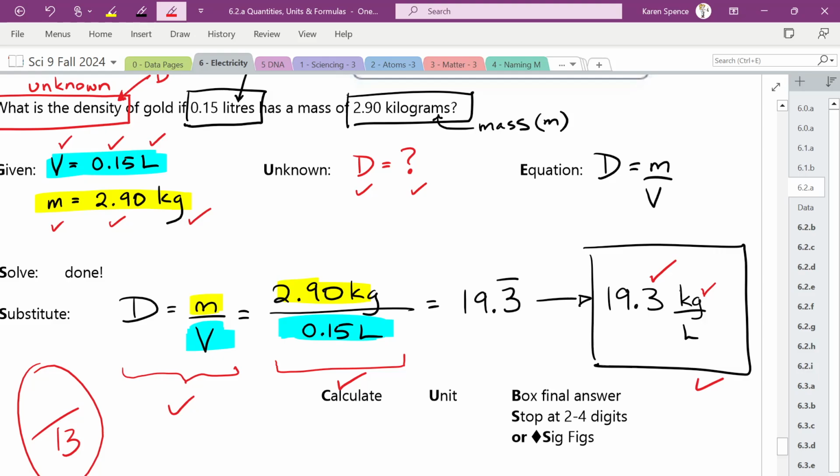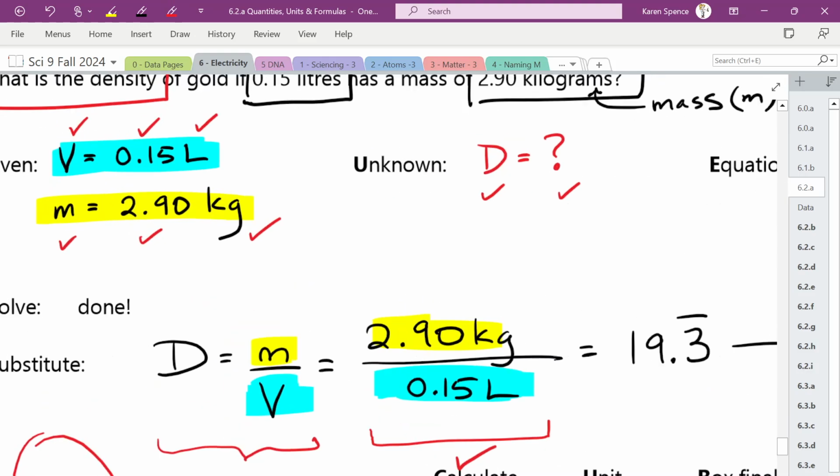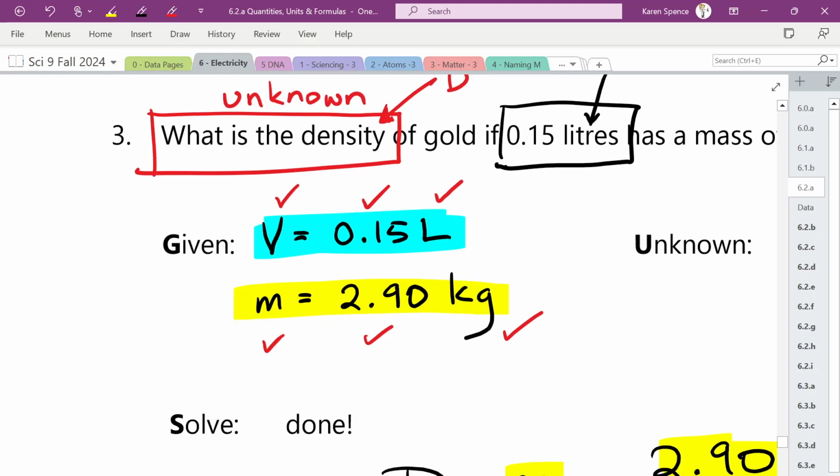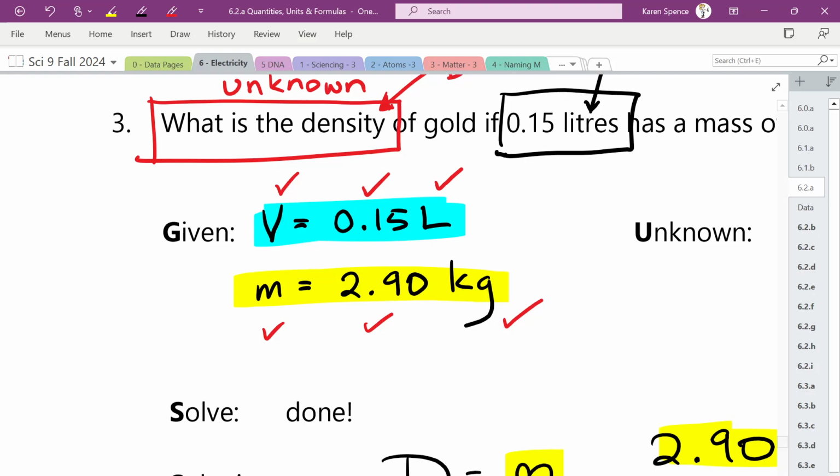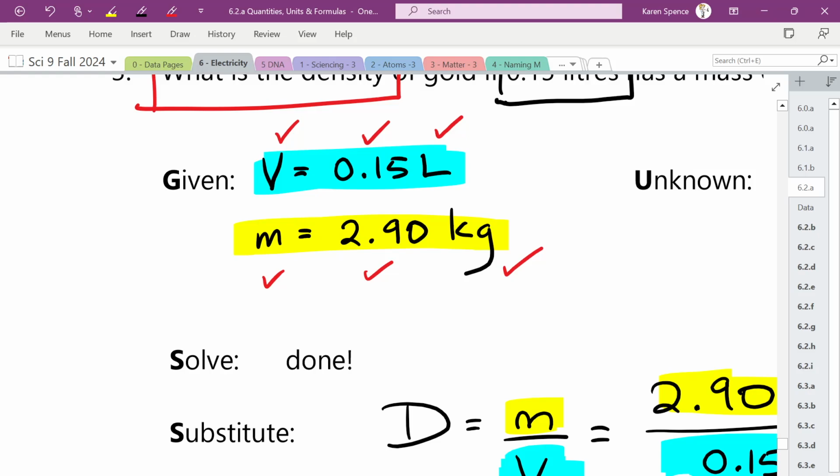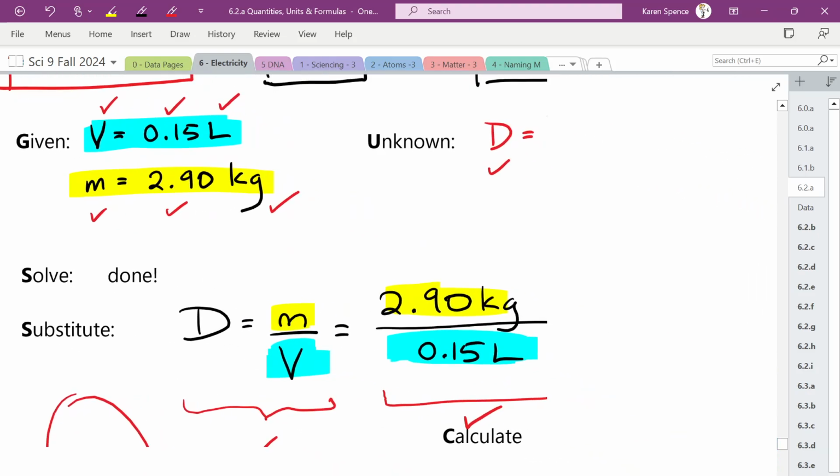Okay, so that question right there is going to be out of 13. Because you're going to get a mark for saying V equals 0.15 and liters. So you get 1, 2, 3 marks there. You'll get 1 mark for saying M equals 2.90, 1 mark for 2.90, and kilograms.